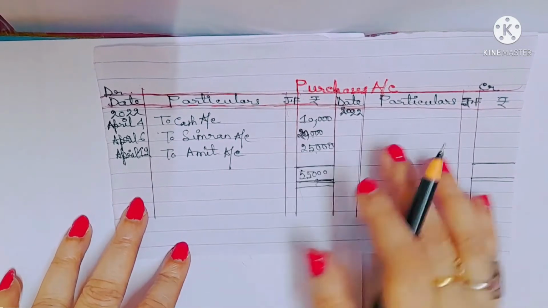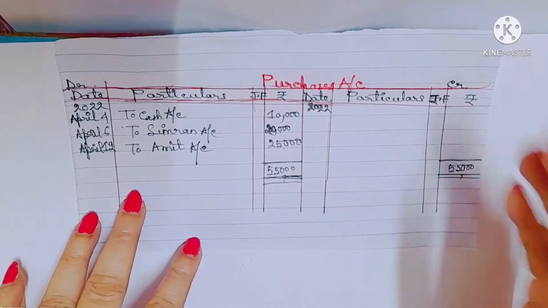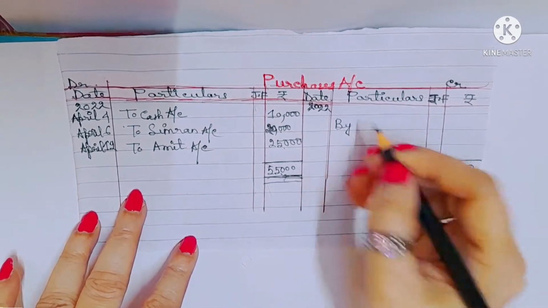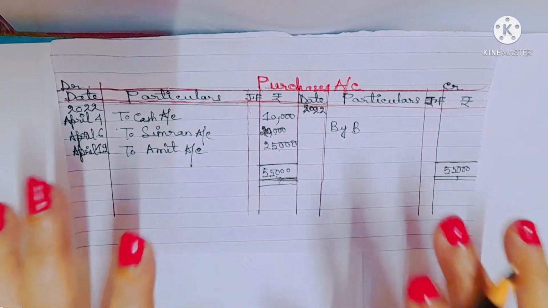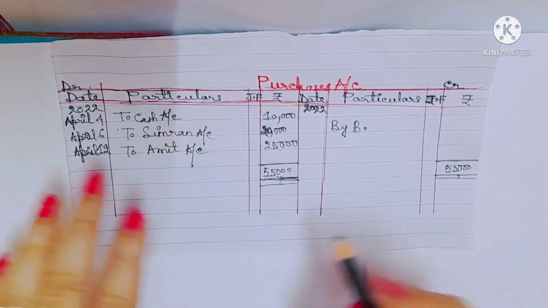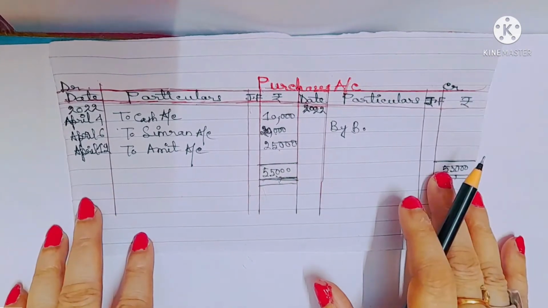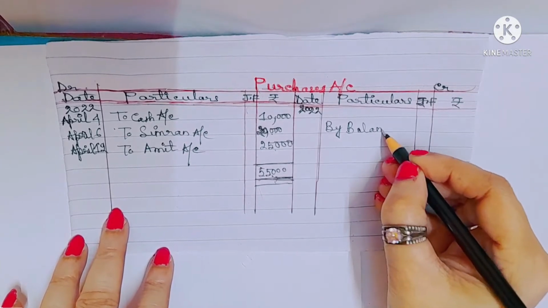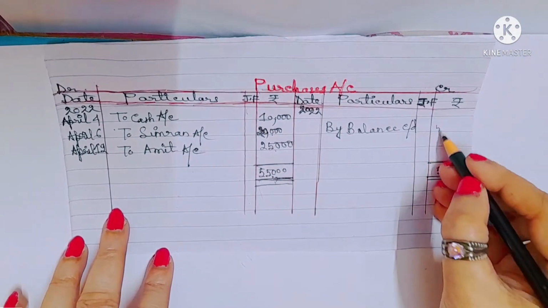We have to write 55,000 on both sides. This is the rule. Nothing is on the credit side. Wherever the shortfall is, on that side we write by balance CD. If the shortfall were on the debit side, we would write to balance CD. And the total is written on both sides for whichever side is greater. By balance CD, how much? 55,000 minus 0, that is 55,000.